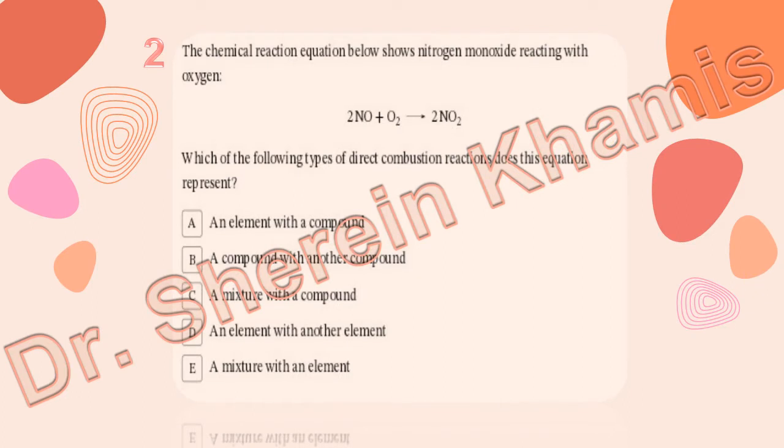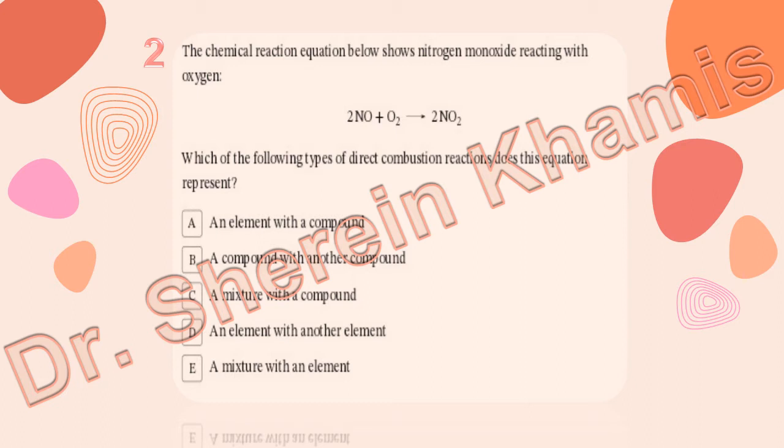Question 2 says that the chemical equation below shows nitrogen monoxide reacting with oxygen. We have here 2NO, nitrogen monoxide, a compound, which reacts with oxygen to give 2NO2, nitrogen dioxide.